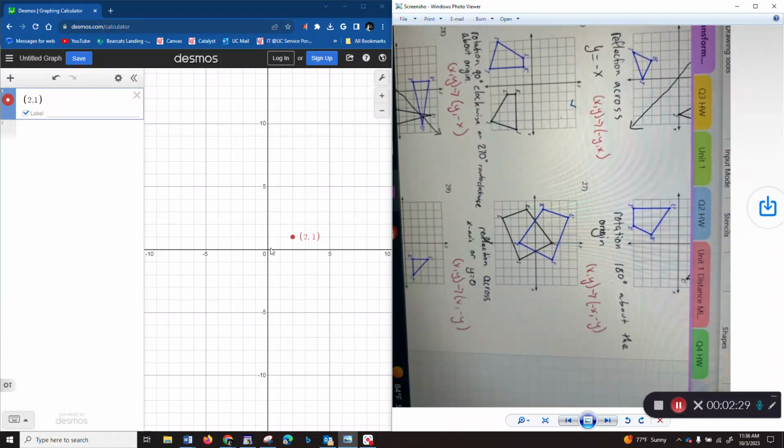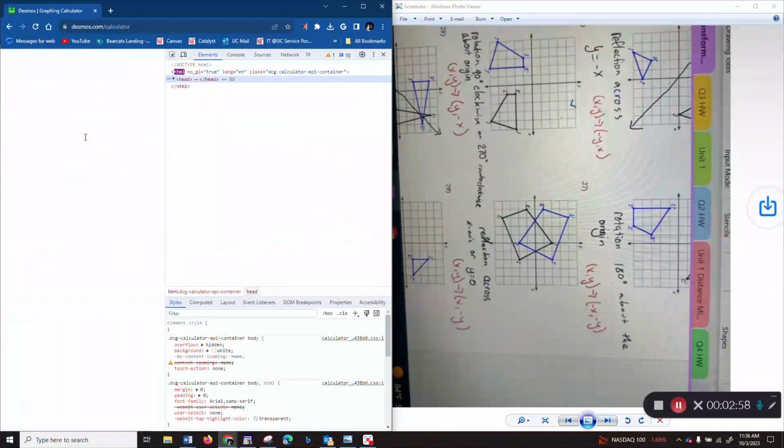So instead of this, it's going to rotate 180 degrees around, and now we're looking at that right there. It's just the complete opposite. 180 degrees just makes them the opposite. If you turn yourself around 180 degrees, you will be in the opposite direction.